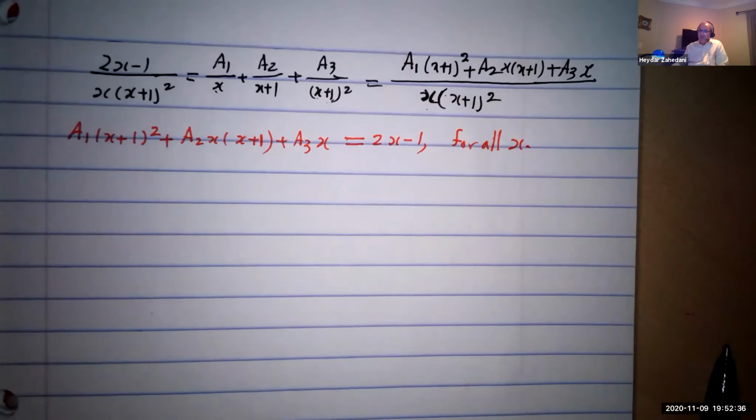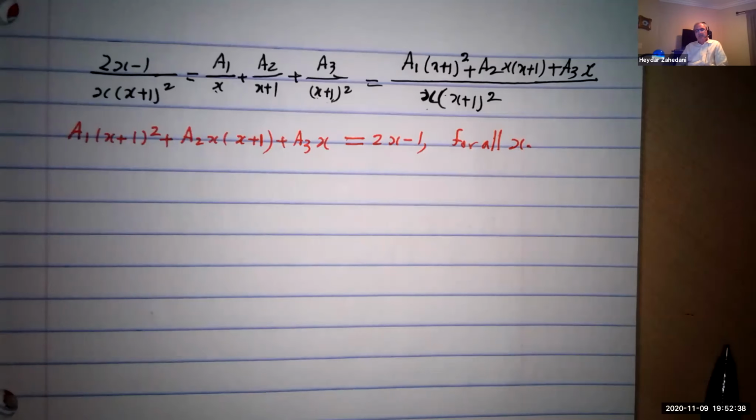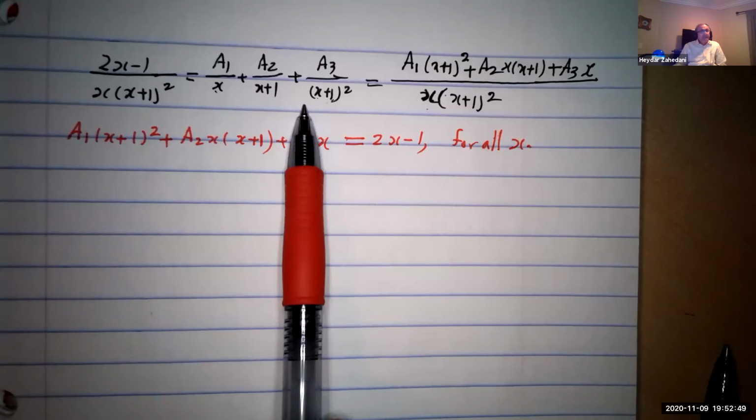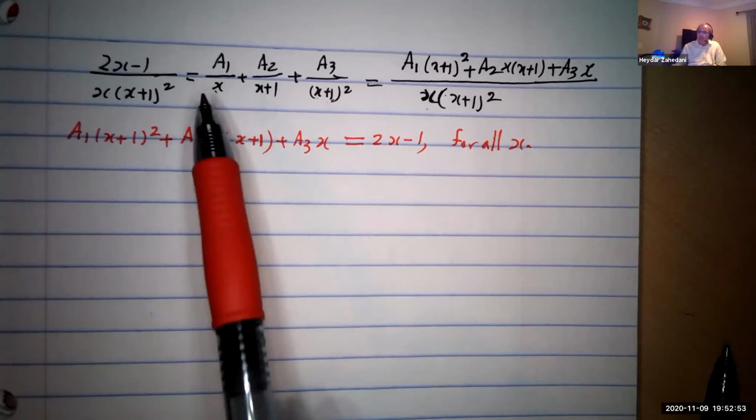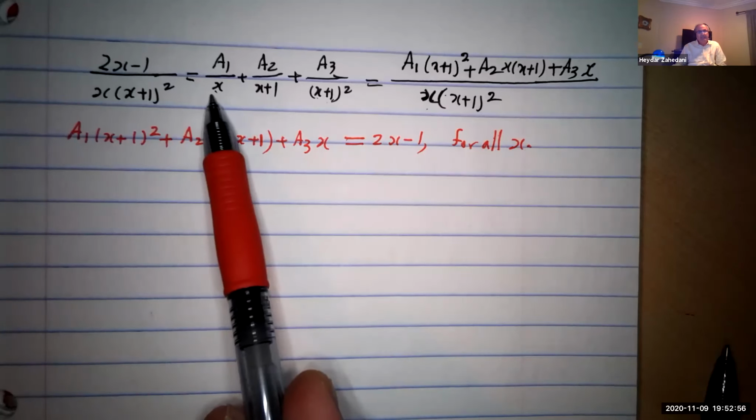Now you have three unknowns, a1, a2, a3. So you need three numbers. Get the nice ones. The nice ones are going to be the zeros of the denominator. This denominator would be 0 at x equal to 0.